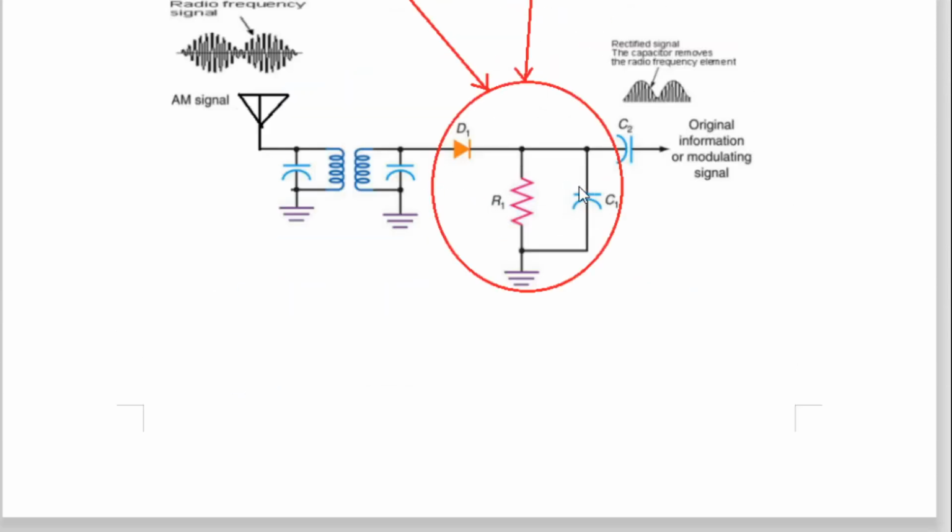See this capacitor. When it gets higher frequency as well as lower frequency at the input, all of you know this capacitor passes high frequency and blocks low frequency. Therefore, high frequencies go through the capacitor to the ground, and low frequencies are blocked from the ground and go to the output.